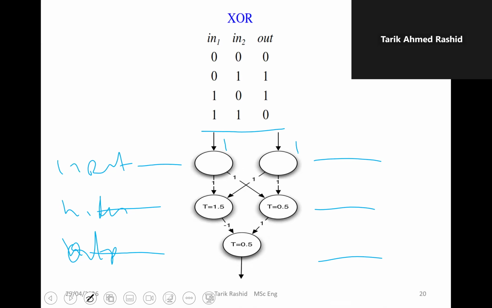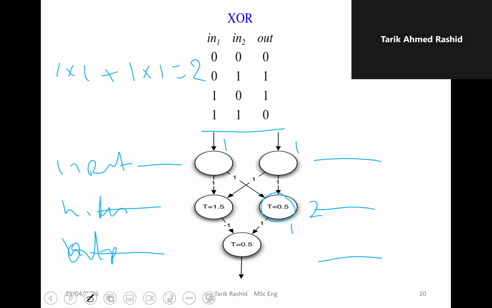So 1 multiplied by 1, 1 multiplied by 1, and plus 1 multiplied by 1. Altogether this neuron is 2. 2 greater than 0.5, yes. So the output is 1 here.